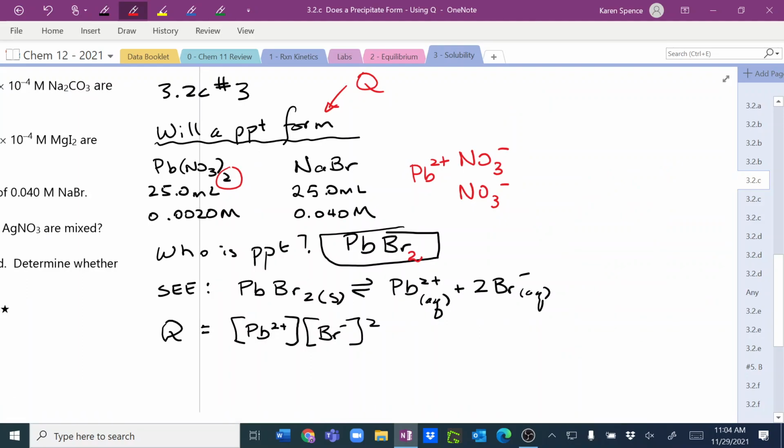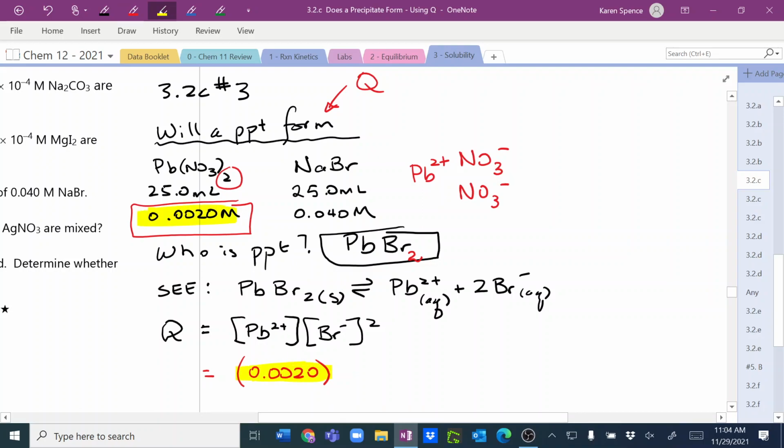Can I just do the following? Can I take this number and plug it in there into my Q? Why not? Chat with your partner about that one. Why can I not just take this number here and plug it in there?